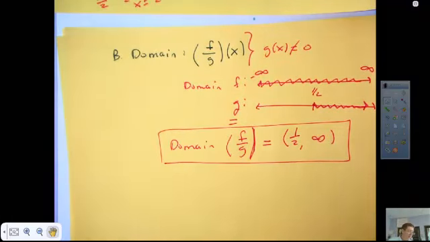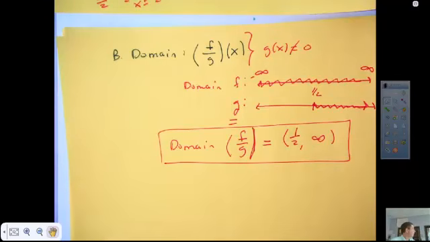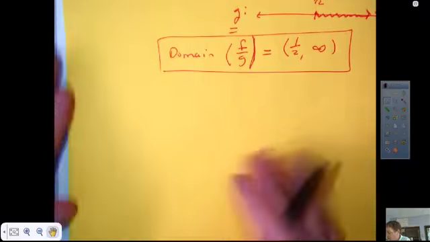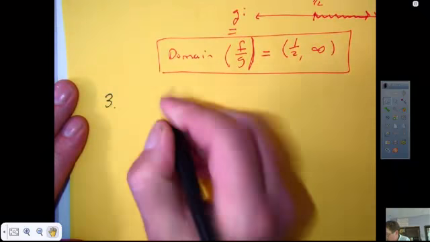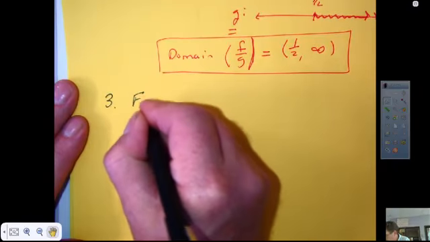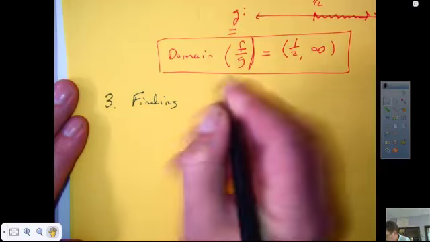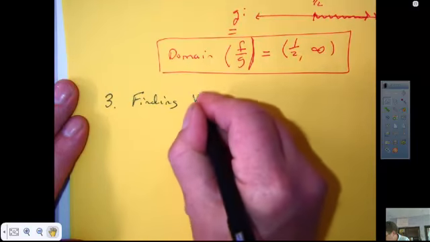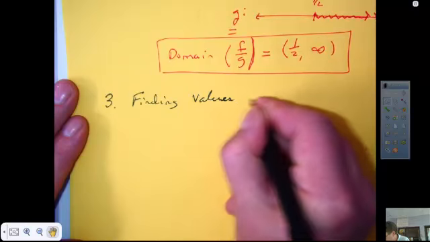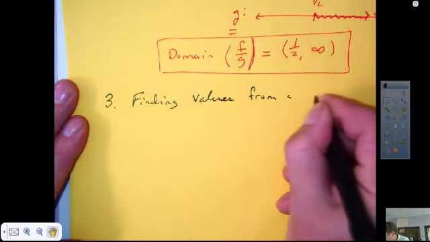Now the other type of question I want to cover before we go on to composition, because you have some of these in your assignment, is where they give you some graphs. So let's do, and I probably just want to use an example from my book on this one, number 3, finding the values from a graph.